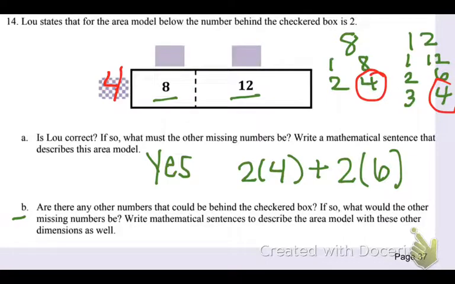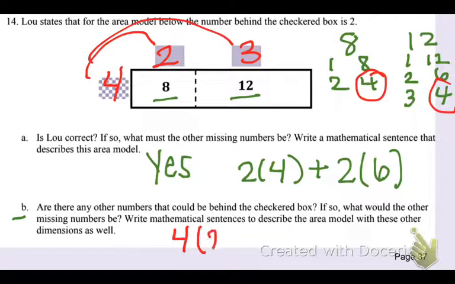So 4 multiplied by what gives me 8? I know that 4 multiplied by 2 gives me 8, and 4 multiplied by what gives me 12? Well, 4 multiplied by 3 gives me 12. So I can also say that 4 multiplied by 2 plus 4 multiplied by 3.